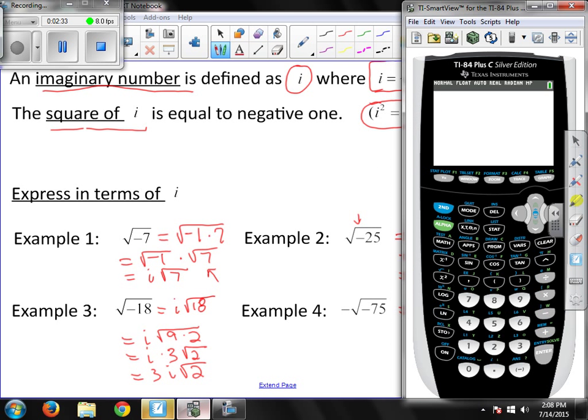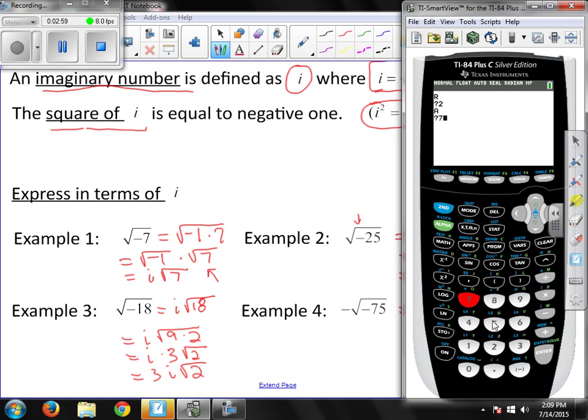I'm going to hit my program button and bring up some programs. If you do not have these programs on your calculator, ask your teacher. But I'm going to use number 1, CPLX root, my first program. Press enter. It's going to ask for R, or the root. This is a square root problem, so I'll put 2, enter.